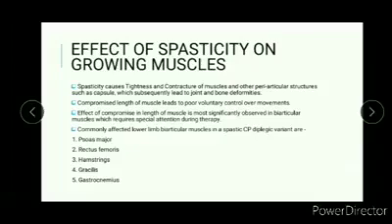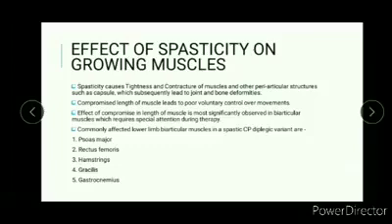The compromised length of muscle leads to poor voluntary control over the movements, which is always an important concern of physical therapists dealing with cerebral palsy children. The effect of compromise in the length of muscle is mostly significantly observed in biarticular muscle, which requires special attention during the therapy.